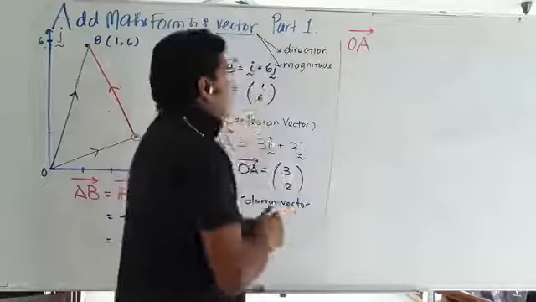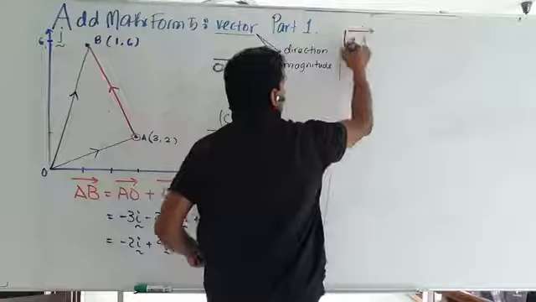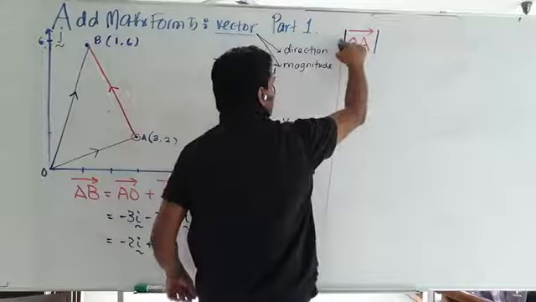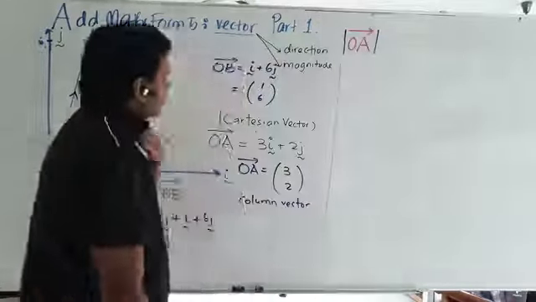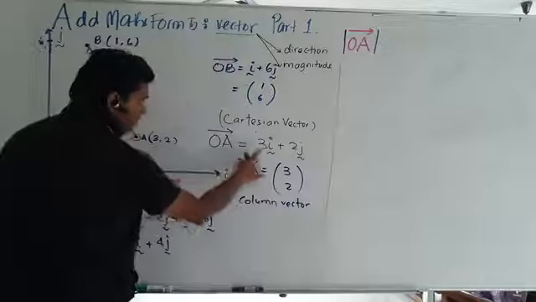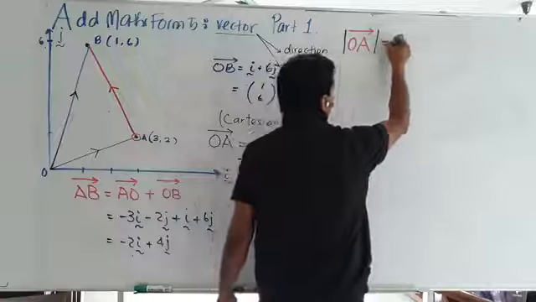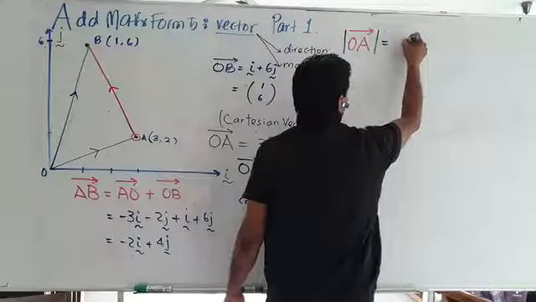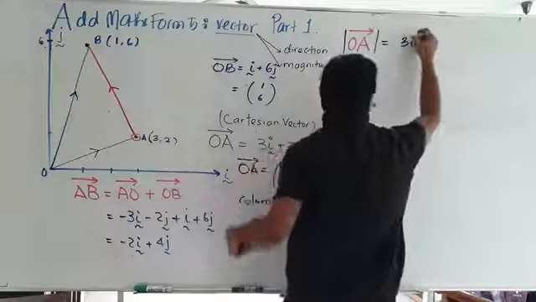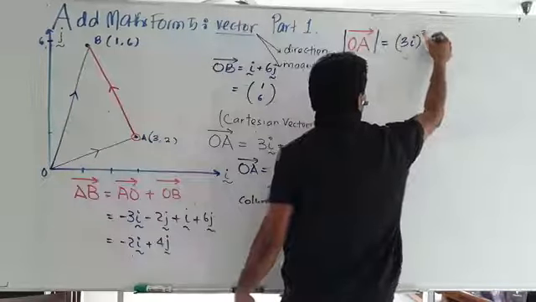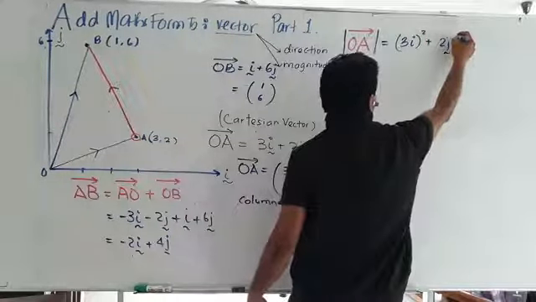If you put a modulus sign, this is called magnitude. Very simple. Just go to OA, 3 and 2. Similar to Pythagoras theorem, 3i plus 2j, so it becomes 3i squared plus 2j squared.